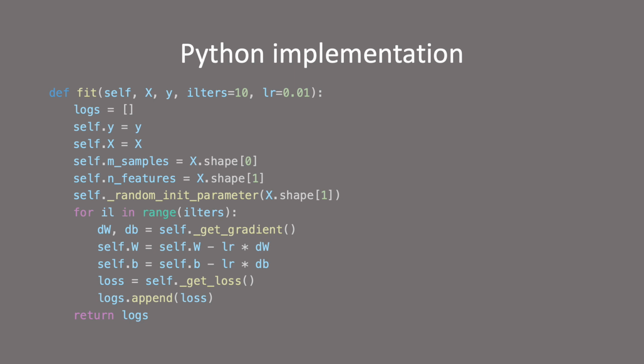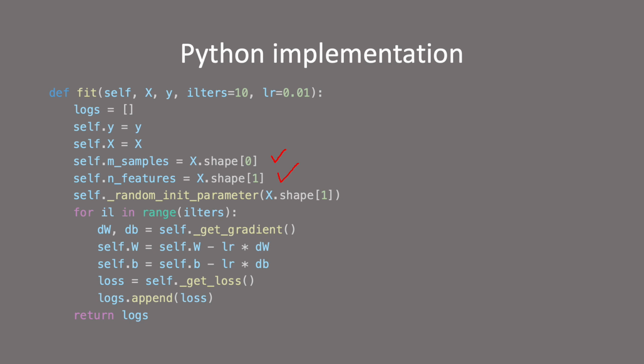Next, we will move to the Python implementation of regression. I will implement the fit method for training the regression model. First, I get the information about the number of samples and the number of features in the data matrix.